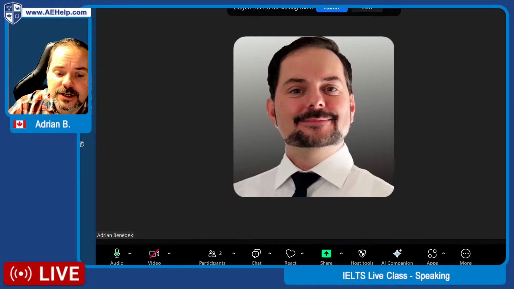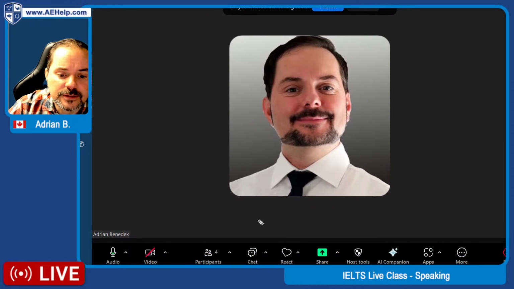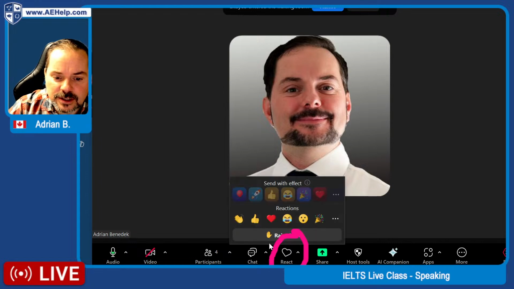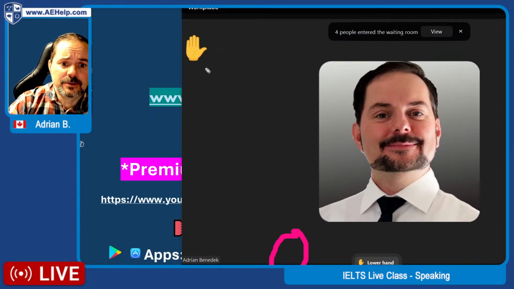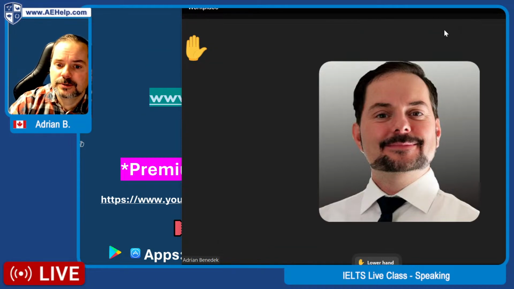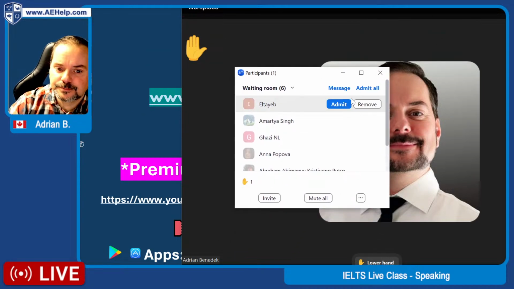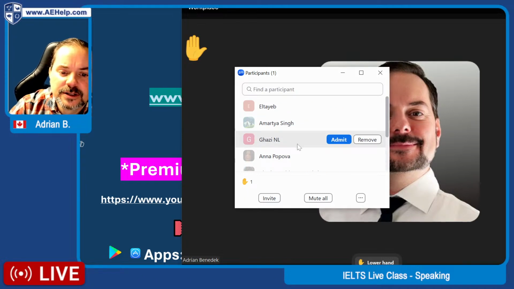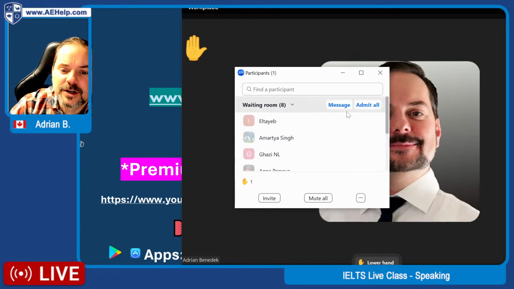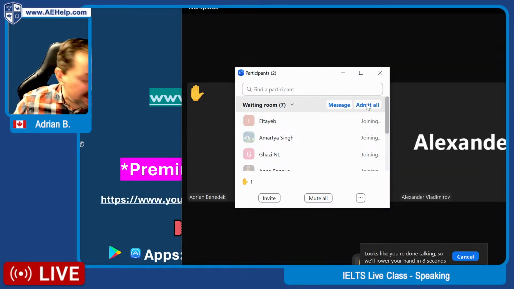To volunteer, you need to click the React button there and then you need to click raise hand, and then this little hand will go up. So I know that you'd like to try part 2. We've got Altayeb, Amartia, Ghazi, Anna, Alexander, lots more in here. Let's get everybody in. Meanwhile, I'll also put on my headphones so I can hear you.